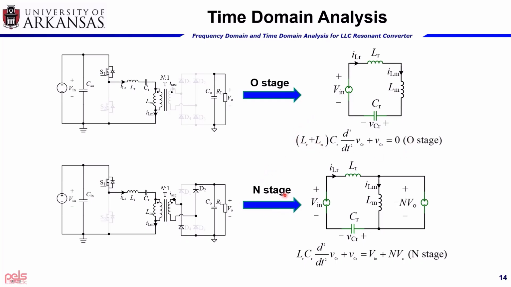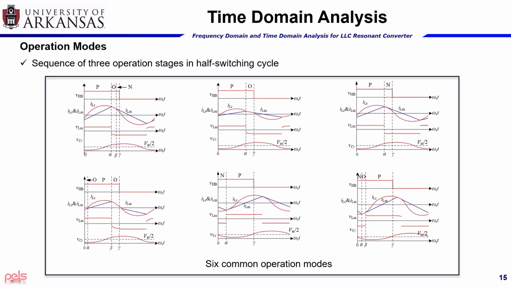For the N stage, the voltage across the magnetizing inductor is clamped by the negative output voltage, and here is the equation for this operation stage. As we discussed before, the operation mode is determined by the sequence of operation stages in a half switching cycle, and here are 6 common operation modes for an LLC resonant converter.